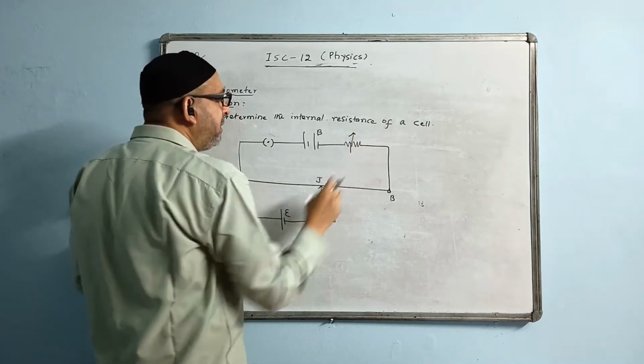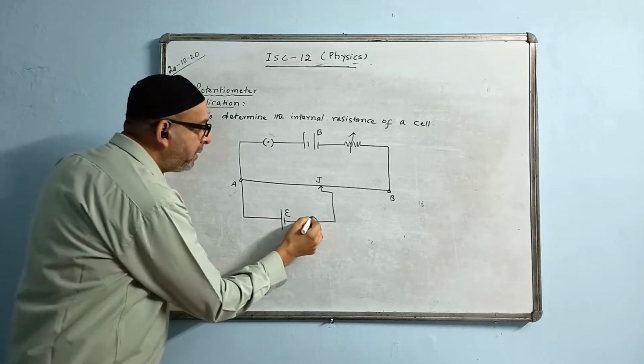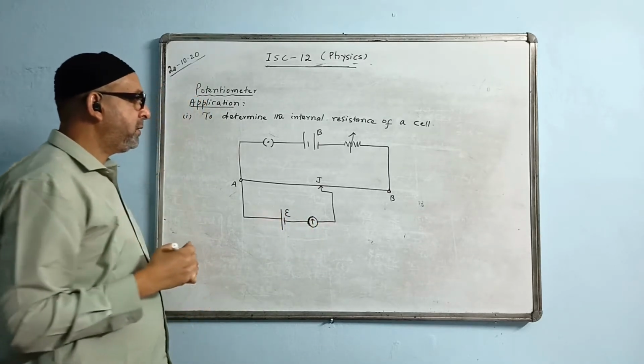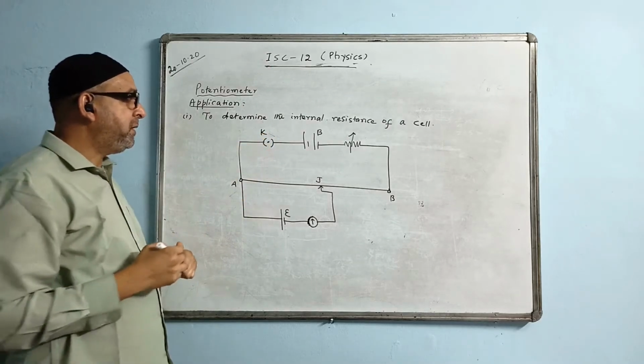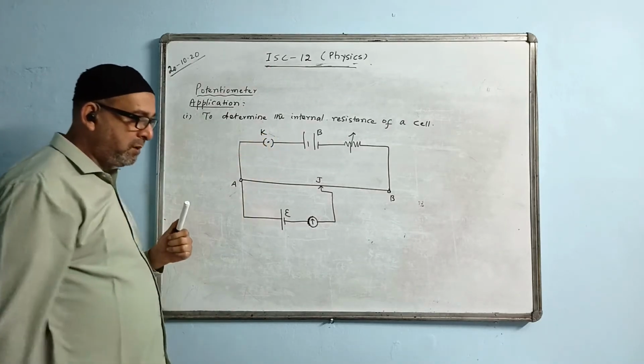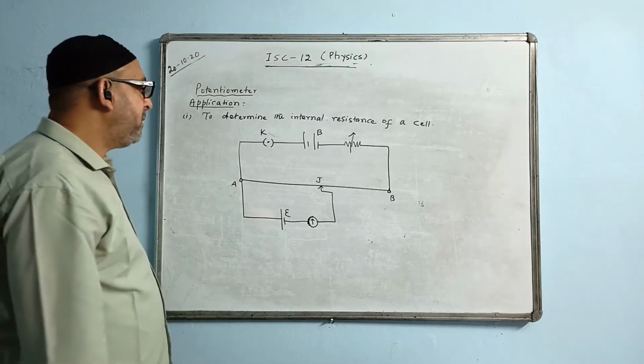This is a variable resistance just to keep the current under check. This is key K. This key always must be put on, must be always closed. Make sure.